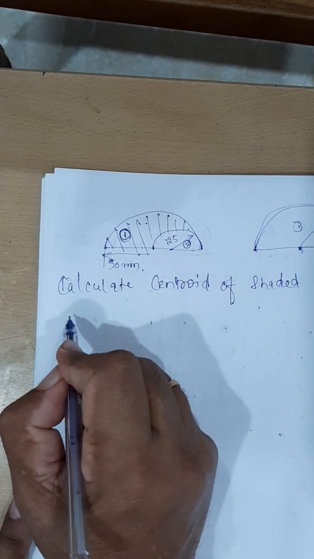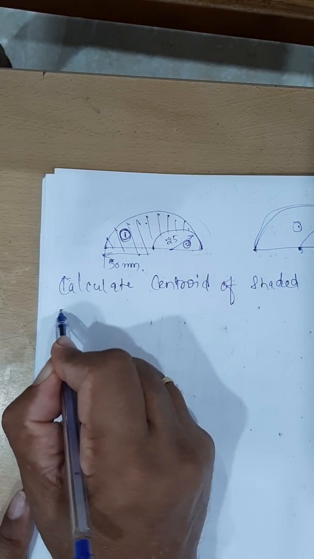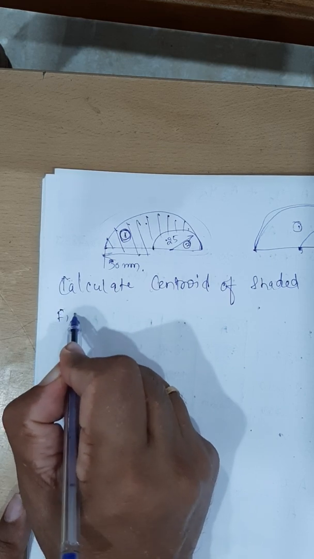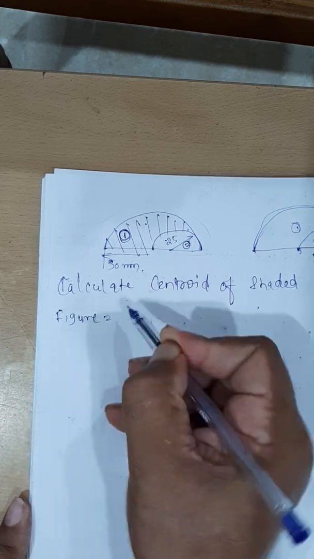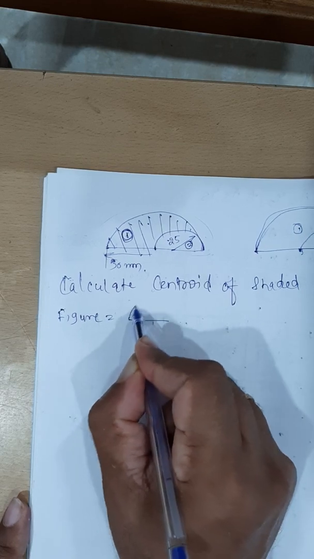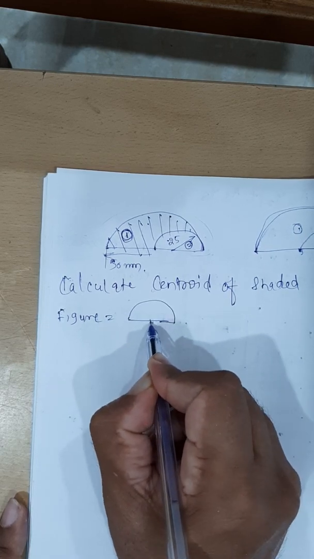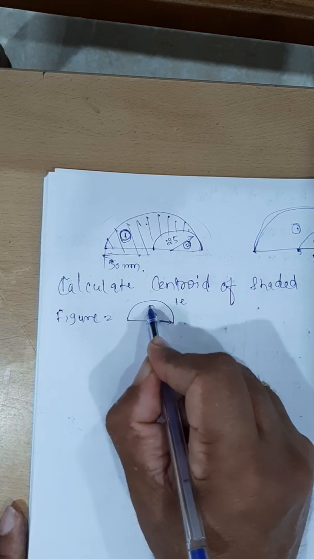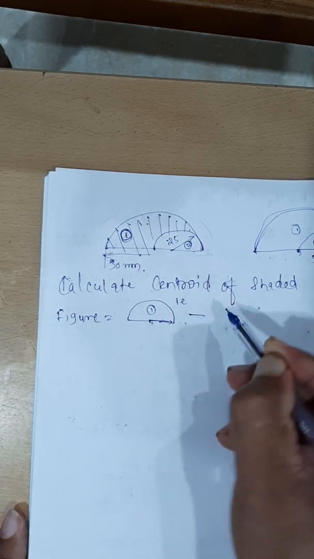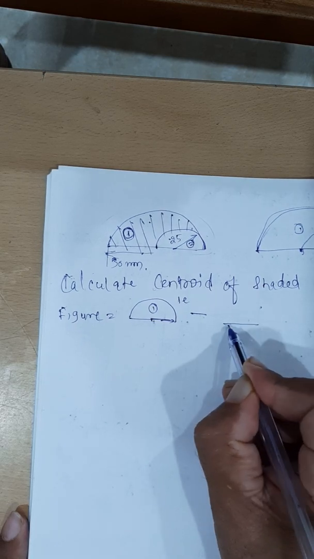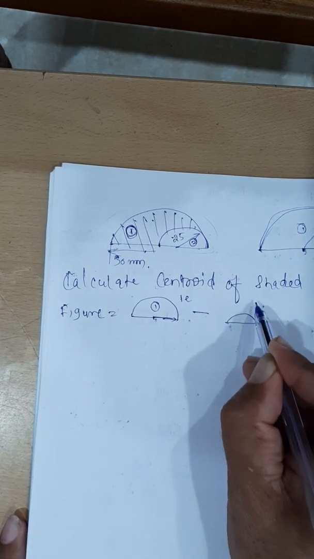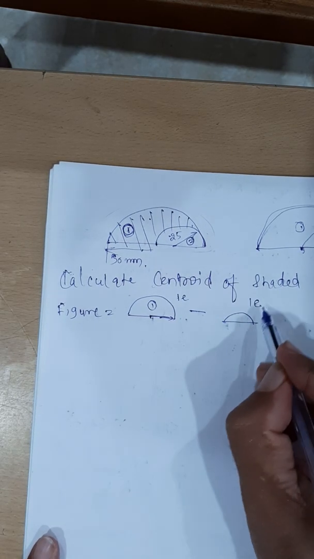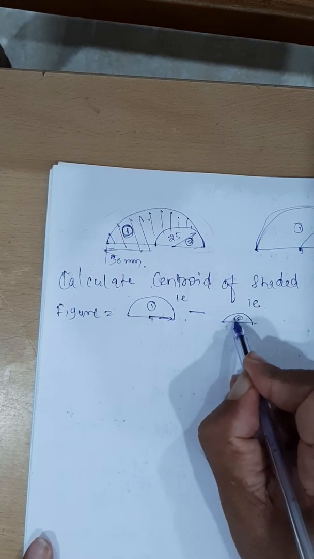So first you need to define what your problem is. The given figure is equal to semicircle 1, like this, having a radius equal to 50 mm, minus the small semicircle 2.